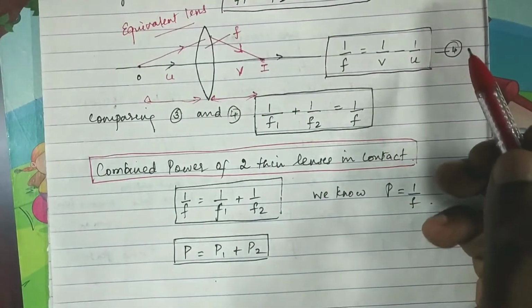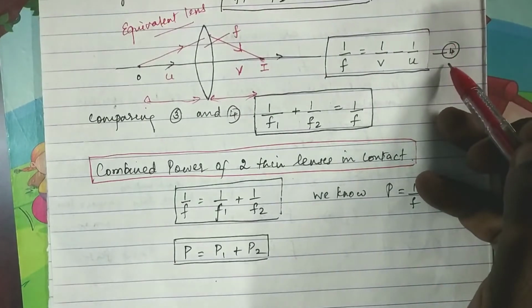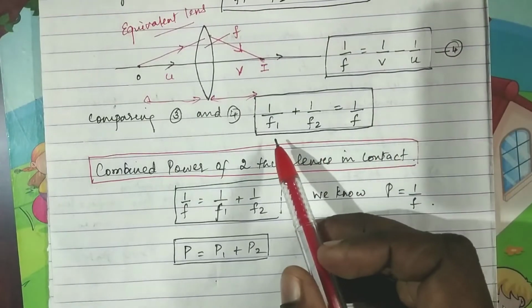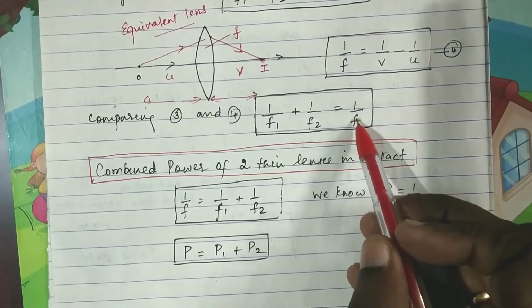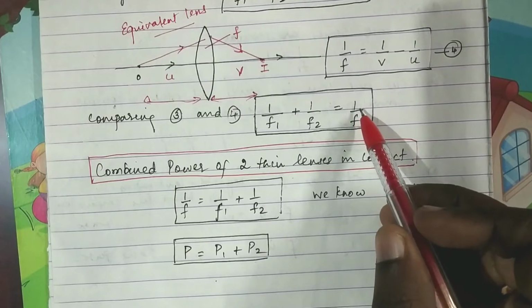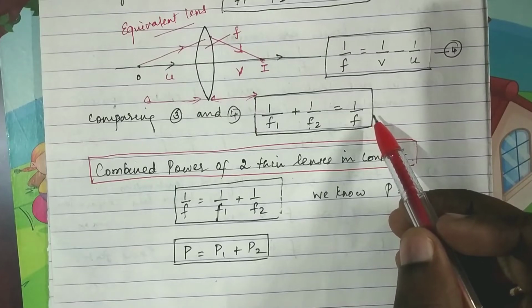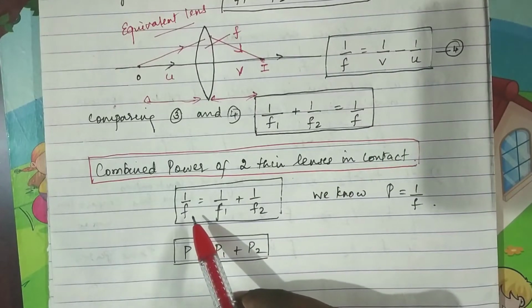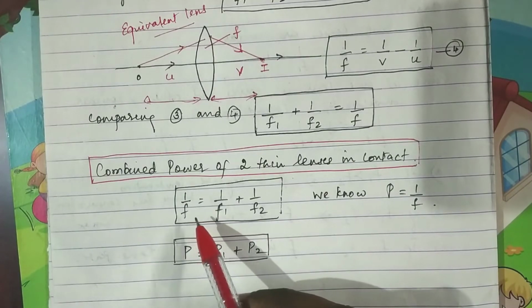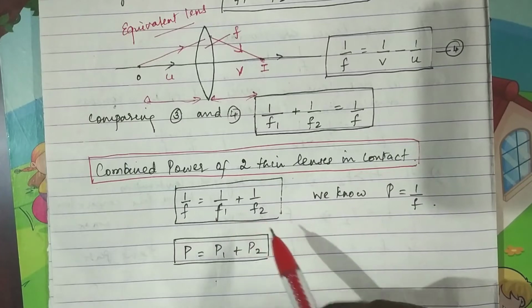Now if you compare equation number 3 and 4, we get 1 by f1 plus 1 by f2 equals 1 by f, where f is the equivalent focal length of the combination of lenses. So the equivalent focal length is 1 by f equals 1 by f1 plus 1 by f2.